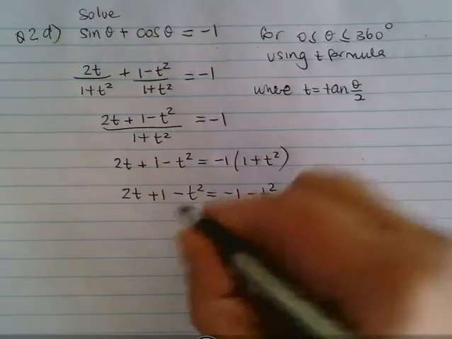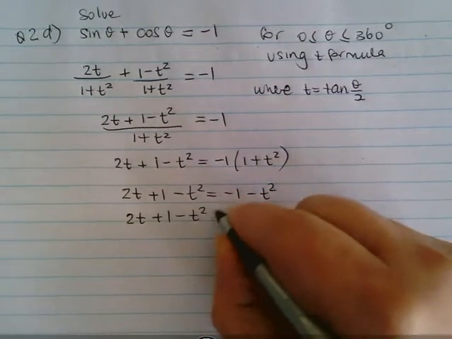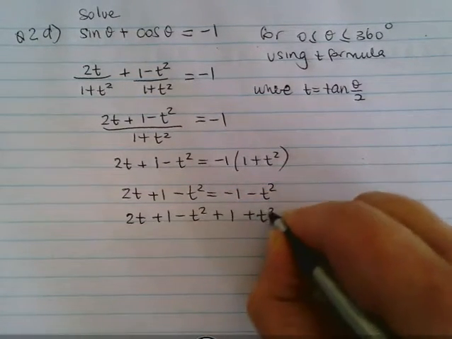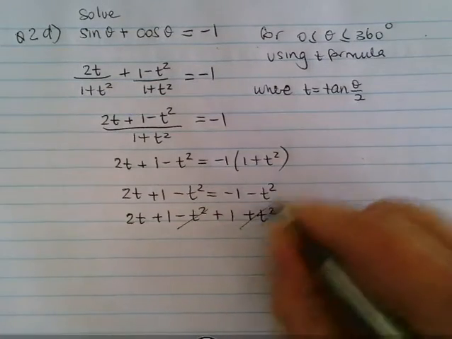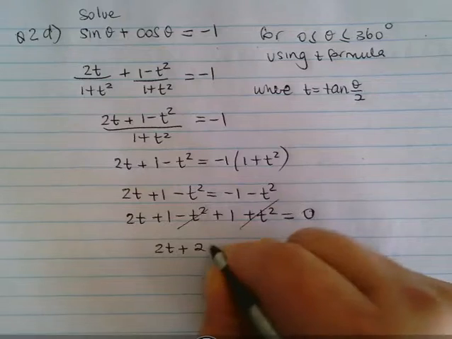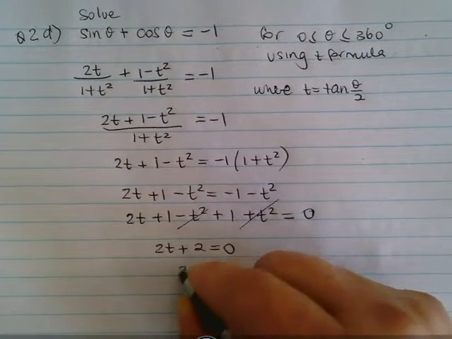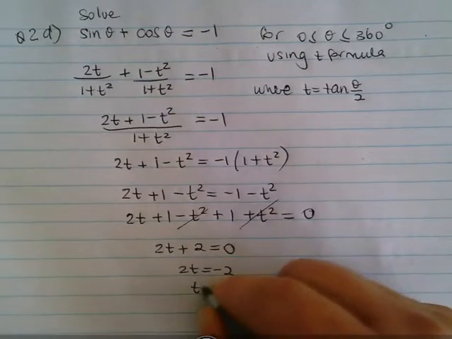All right, so what have I got? 2t plus 1 minus t squared plus 1 plus t squared is 0. The t squareds cancel, and I get 2t plus 2 is 0. In other words, 2t is negative 2, t is negative 1.